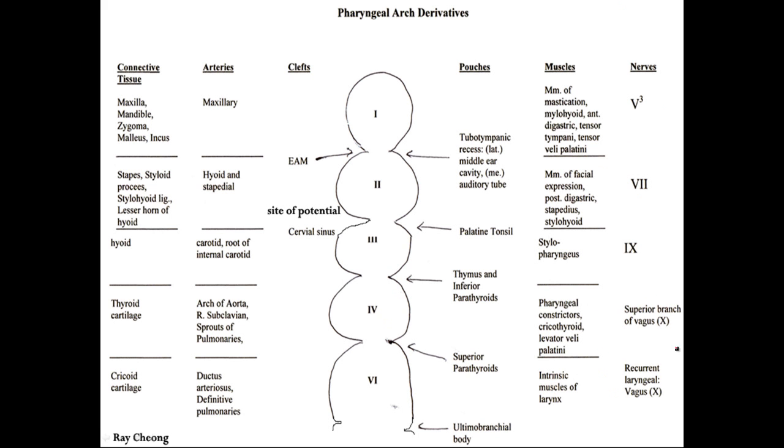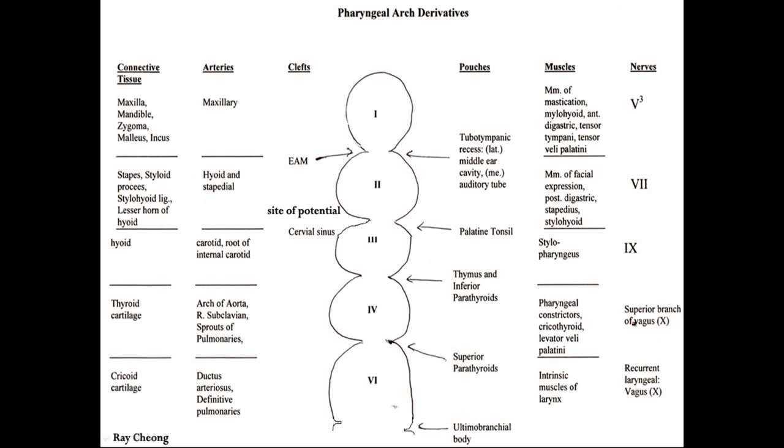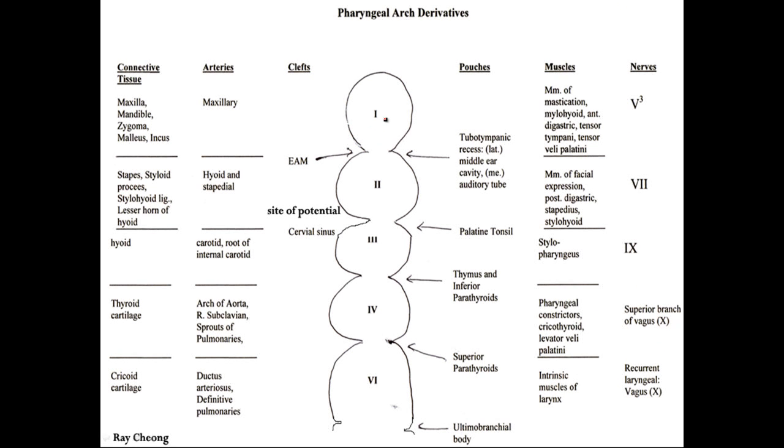Here he gets a little fancy and separates the superior branch of the vagus from the recurrent laryngeal, but that's kind of fancy. So 5, 7, 9, and 10. Don't forget that.